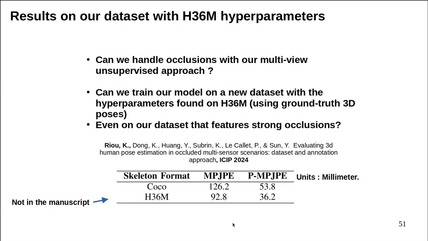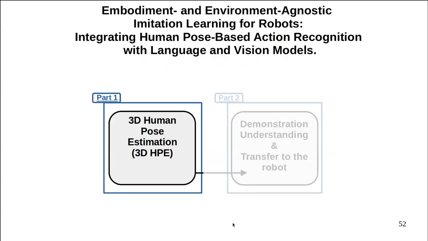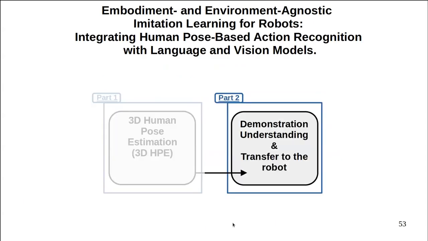This part actually was not in the manuscript, if you are searching for it right now. The whole unsupervised 3D human pose estimation pipeline that I presented here was submitted to ICME 2025 this year, so it's still under review.